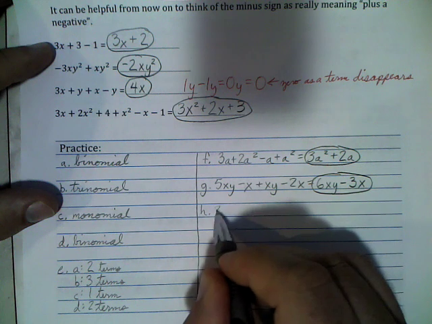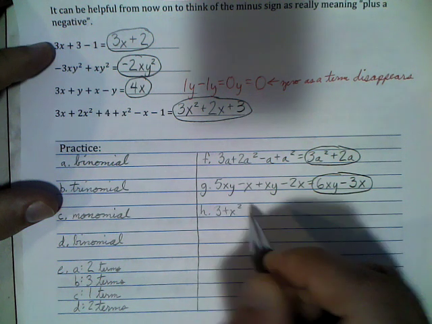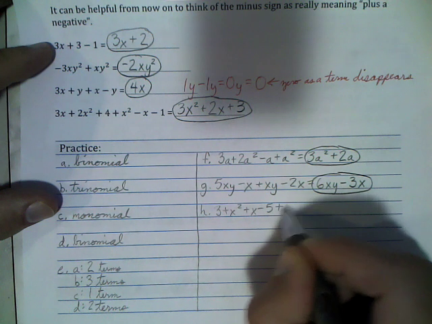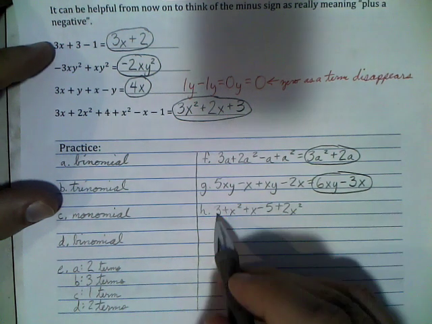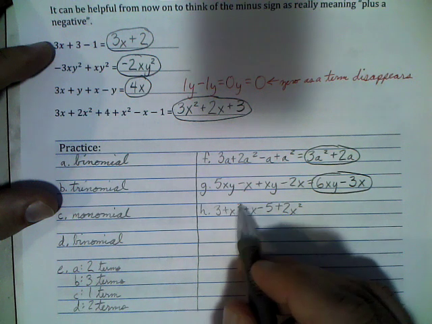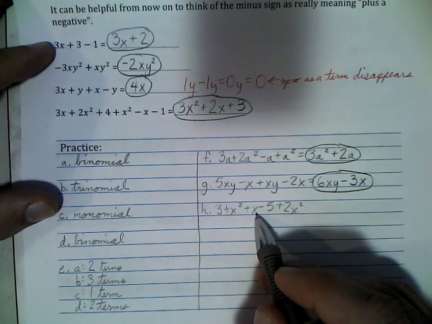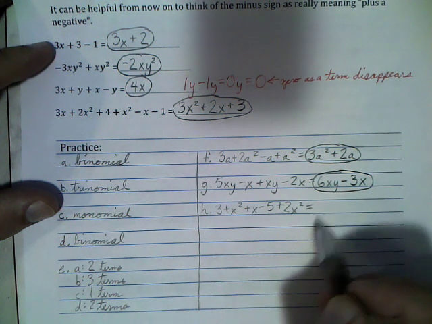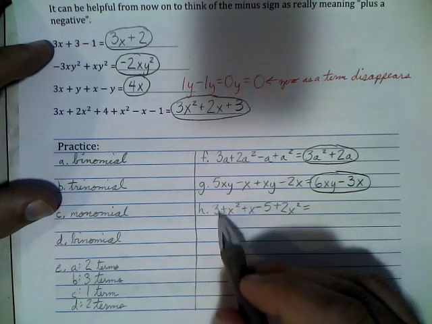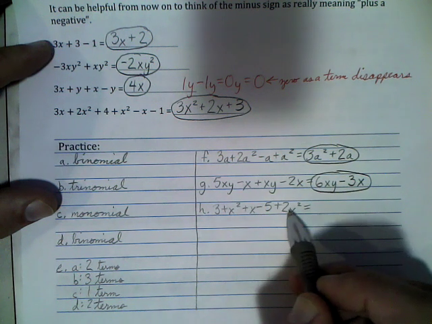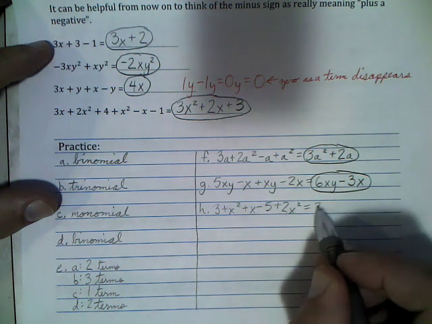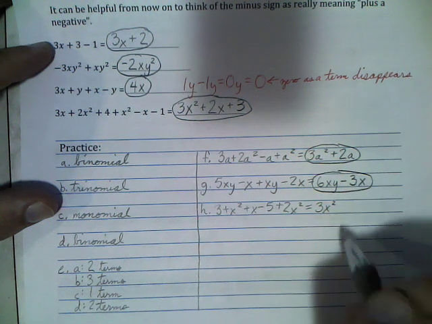H, we have 3 plus x squared plus x minus 5 plus 2x squared. So constant term, x squared term, x term, constant term, x squared term. I'm going to start with my x squareds. So I have a positive 1x squared, and then a plus 2x squared, so positive 2x squared. So positive 1 plus positive 2 makes a positive 3x squared.